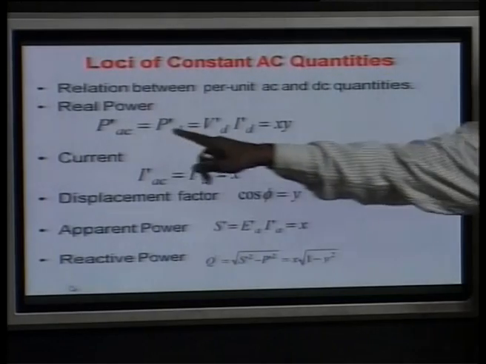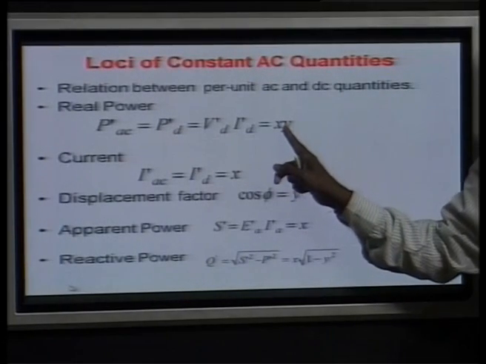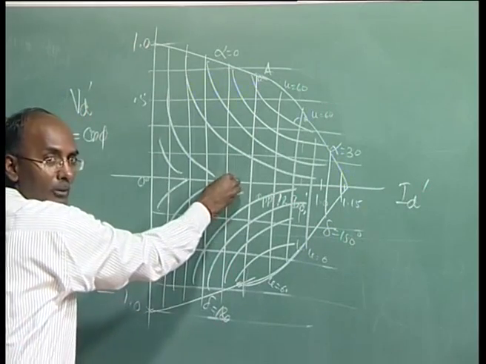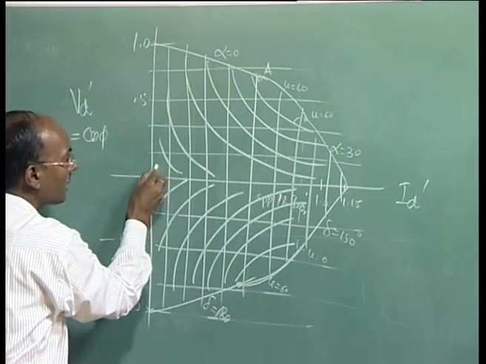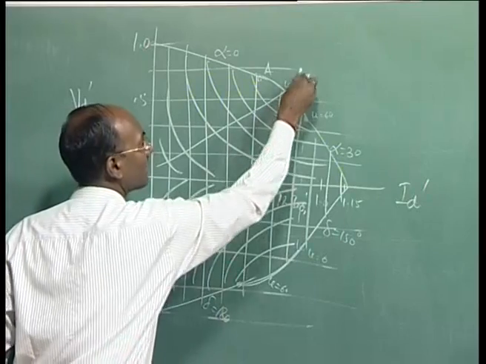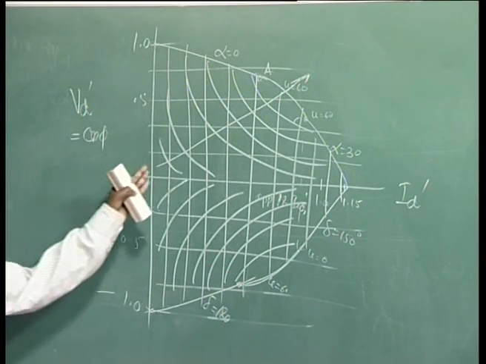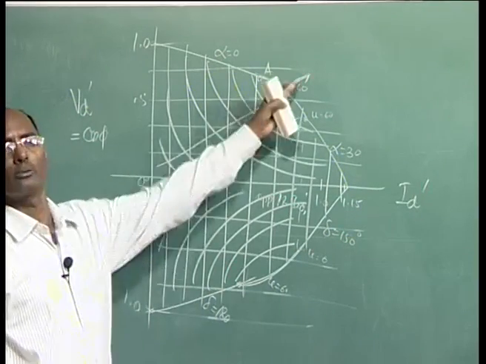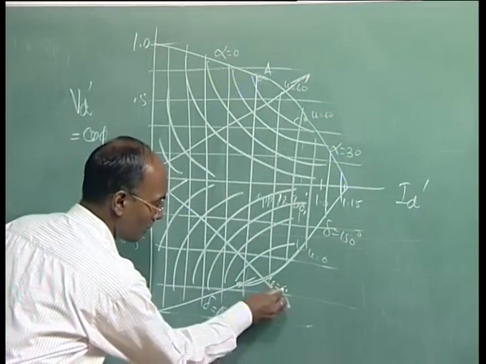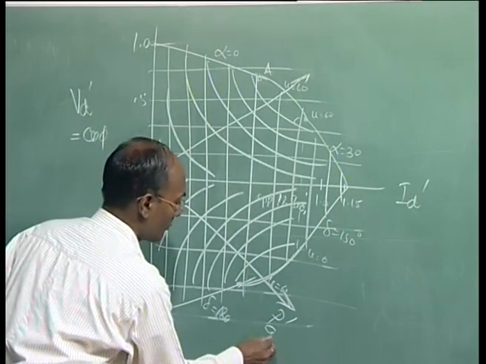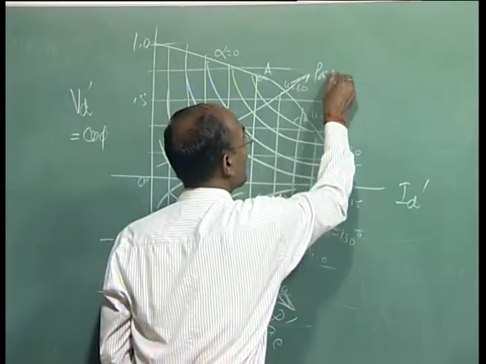P is 0 means either x is 0 or y is 0. So P 0 means either you are here or you are here. For other values, your P is increasing in this way, from 0 to 0.1, 0.2 and so on. Here also your P, that is the P prime we are talking about, PAC.